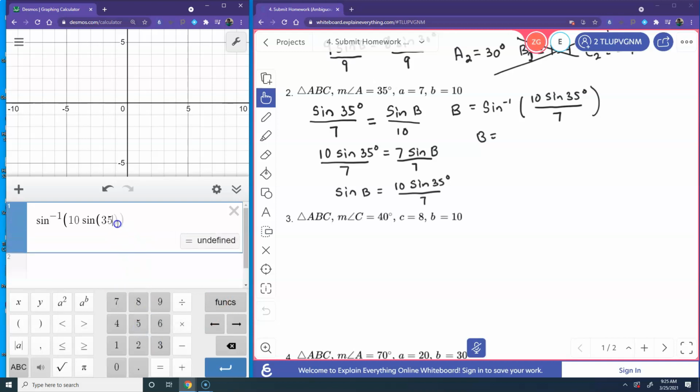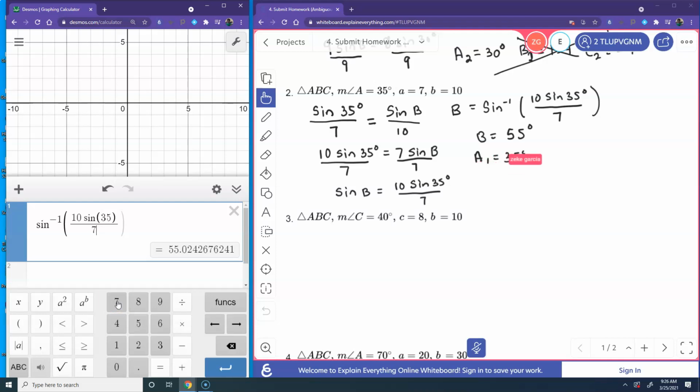Remember, you need to make sure that you're in degrees. And then you're going to divide by 7, and we get 55 degrees since we rounded off to the nearest degree. So A1 is equal to 35 degrees. B1 is equal to 55 degrees. And now we've got to find C1.